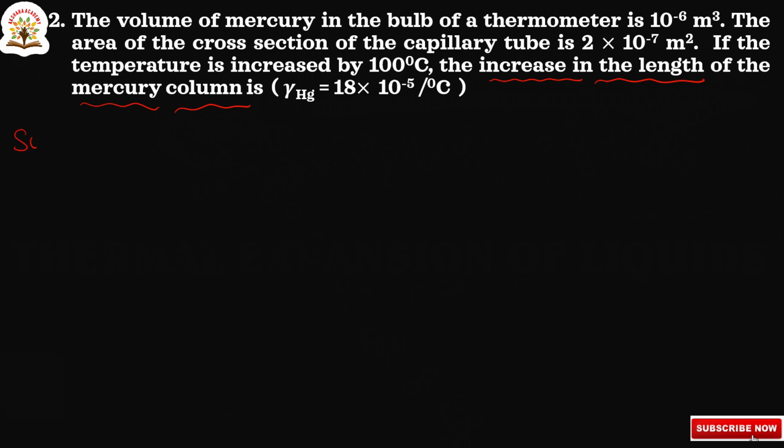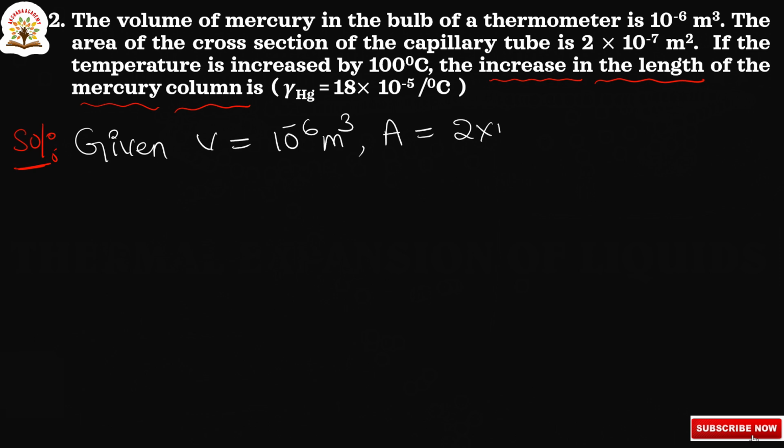Now let us go to the solution. Here given V is equal to 10 to the power of minus 6 meter cube, V being volume, and area A is equal to 2 into 10 to the power of minus 7 meter square, and delta T is 100 degree centigrade.